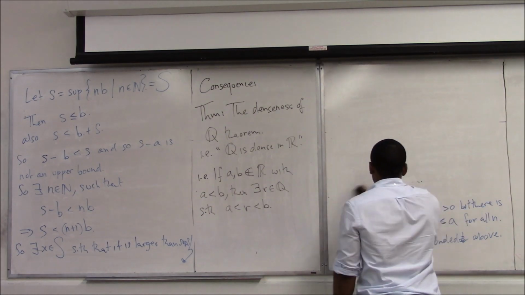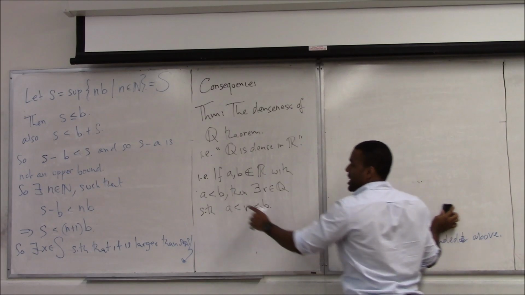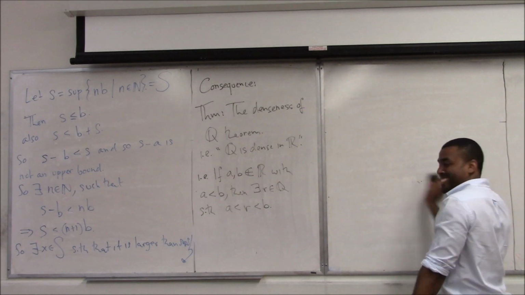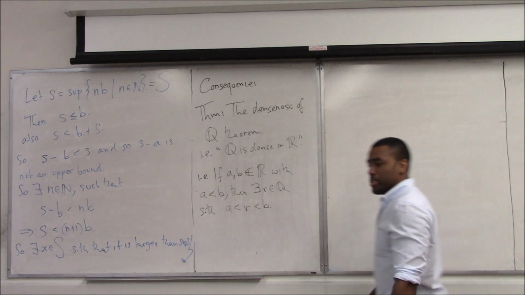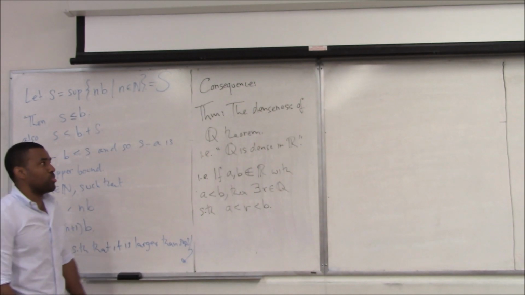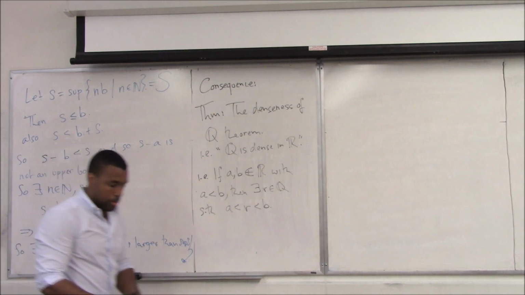Now, in the first test, I asked you to assume this and show that there's actually an infinite number of rationals between those two, which you could prove by induction or contradiction. But let's actually show the theorem is true, that we know there's at least one.